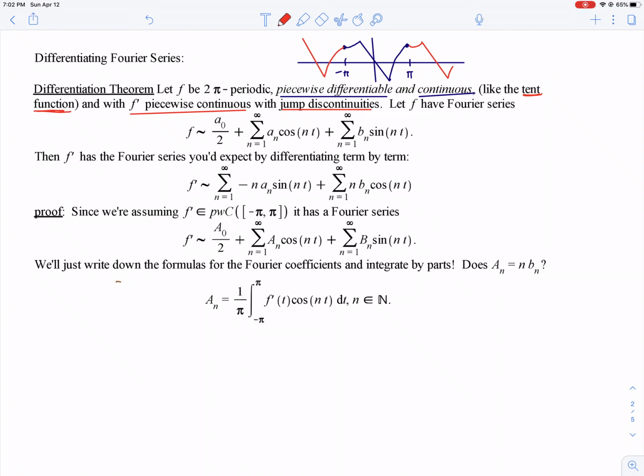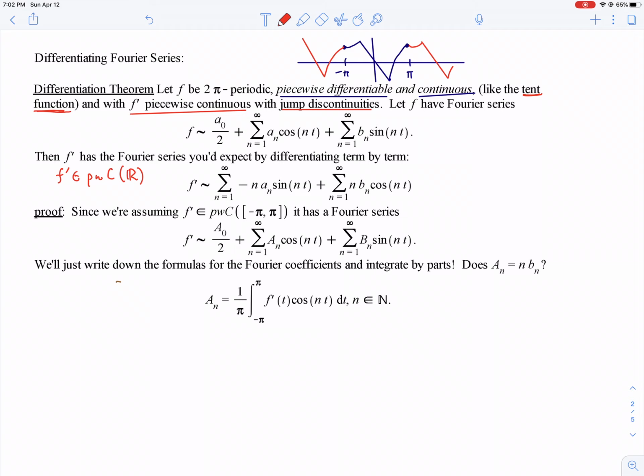Now, because f prime was piecewise continuous with jump discontinuities, it was one of these piecewise continuous functions, actually on all of R, but also on minus pi pi. So it has a Fourier series. And the theorem says you just compute it by differentiating term by term.